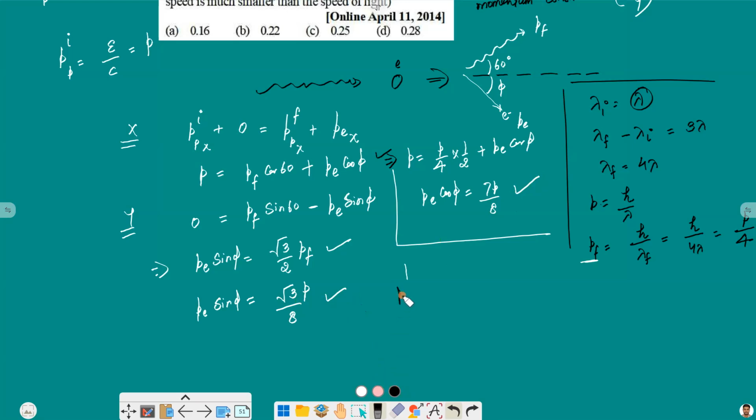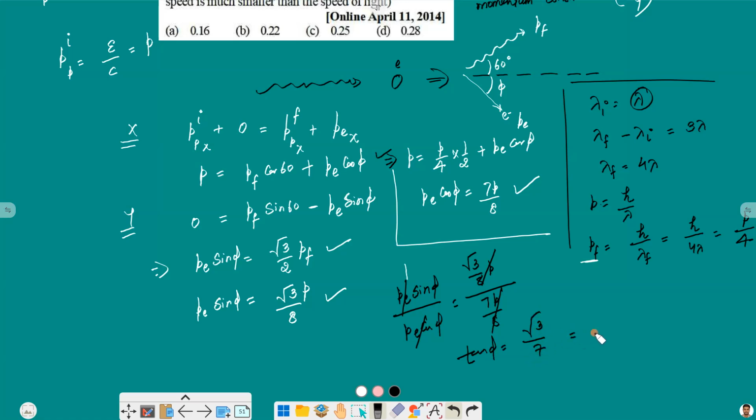So from that, what we will get? We will get PE sine phi by PE cos phi is equal to root 3 by 8 of P divided by 7P by 8. So P by 8 and P by 8 is cancelled, and PE is cancelled. So from that, tangent of phi is basically root 3 by 7.